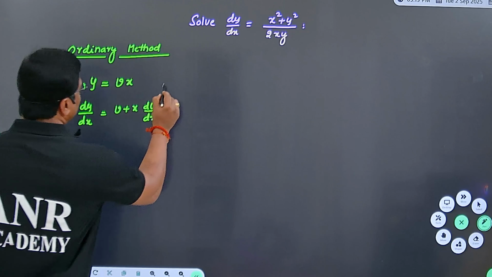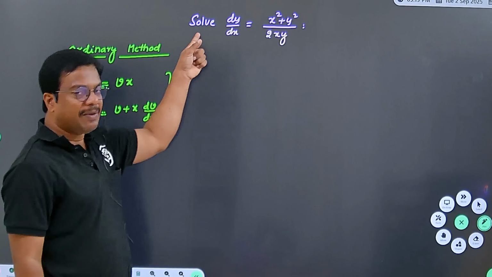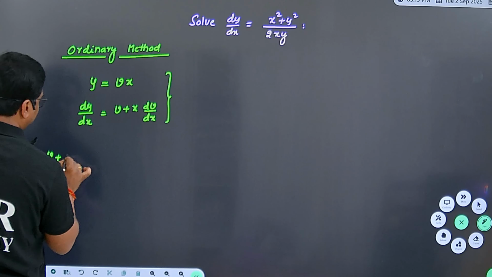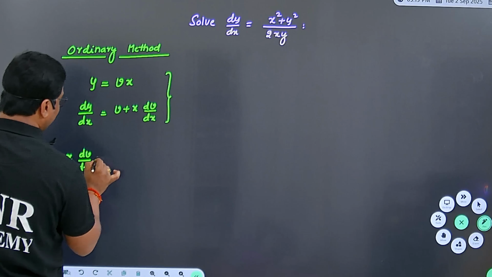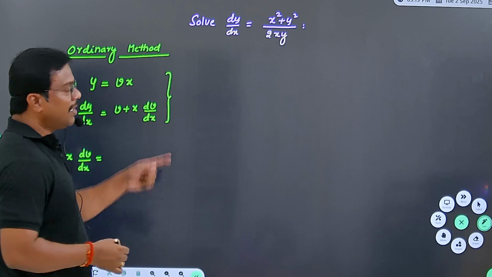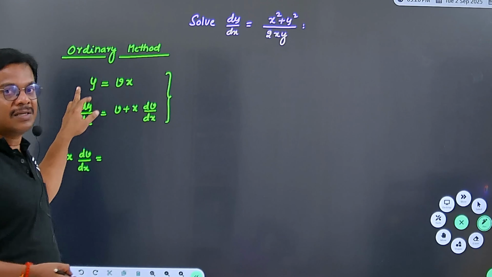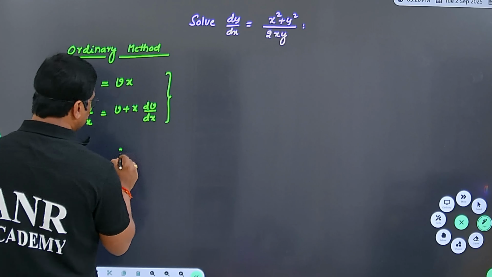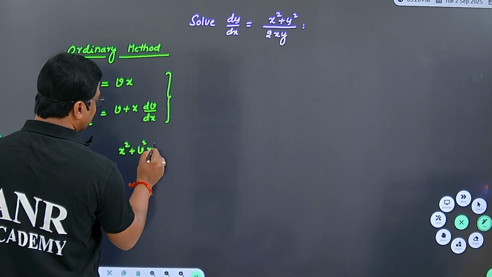Substituting these two in the given differential equation, the left hand side you have dy by dx in the question, that becomes v plus x into dv by dx, that is equal to the right hand side function of x comma y. There, substituting y equal to vx, x square as it is, y square written as v square x square.